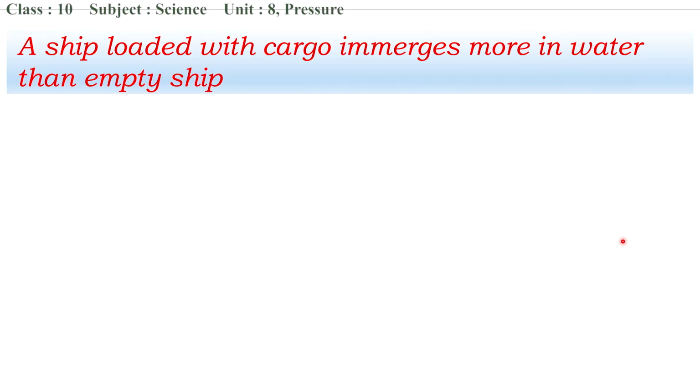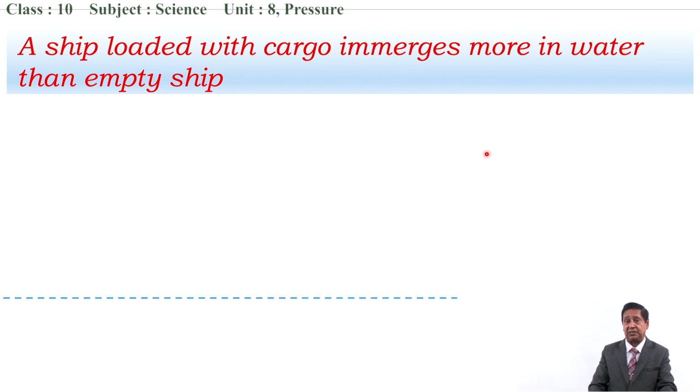Okay, let's have another situation, another question. Do you know that a ship, if loaded with cargo, immerses more in water? But if a ship is not loaded with cargo, it is empty, then it will immerse less in water. What is the reason? I want to describe with the help of this diagram.